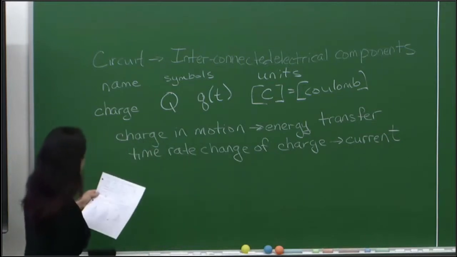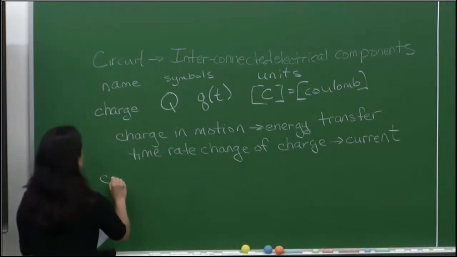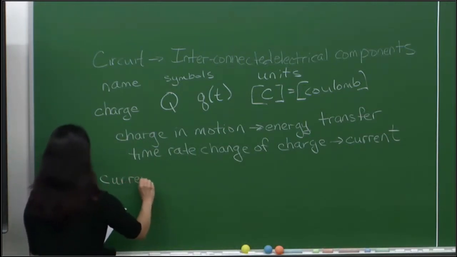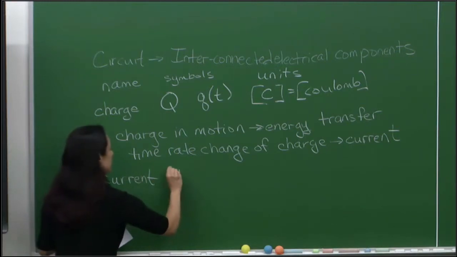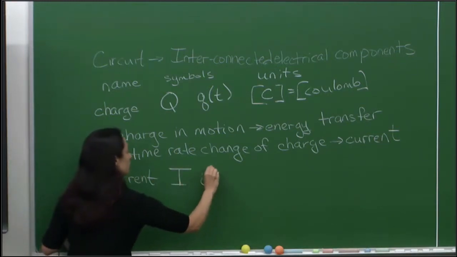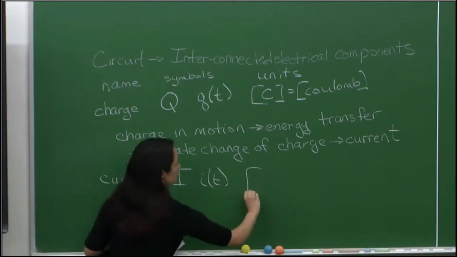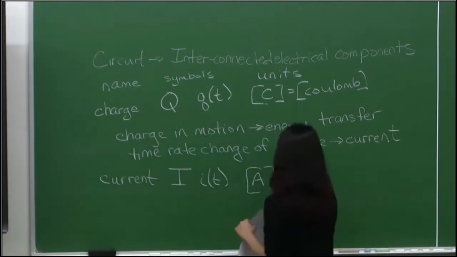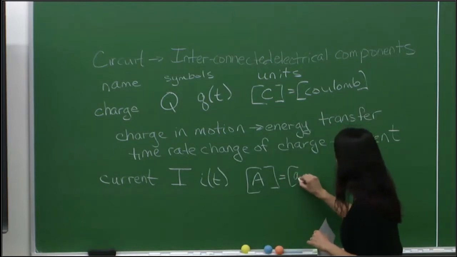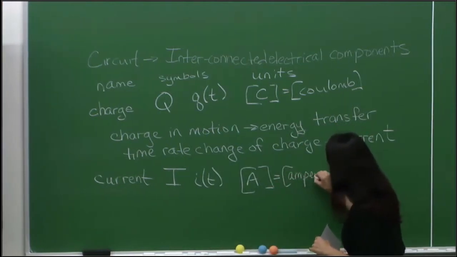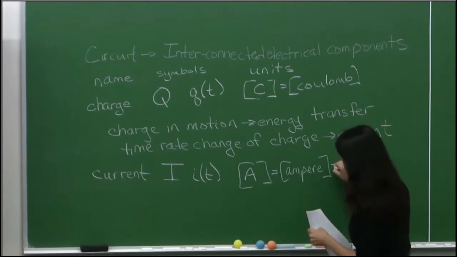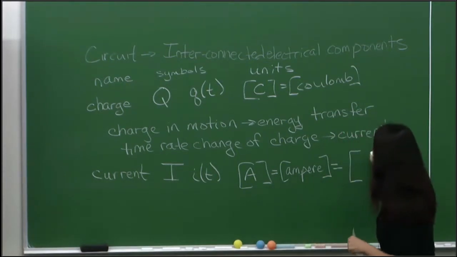So the next item I'm going to introduce is current. It's either big I or little i of t if it's a function of time. Its unit is an amp, ampere for the full version, which is the time rate change of charge, so it's a coulomb per second.